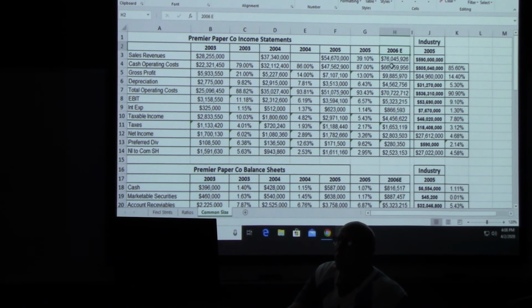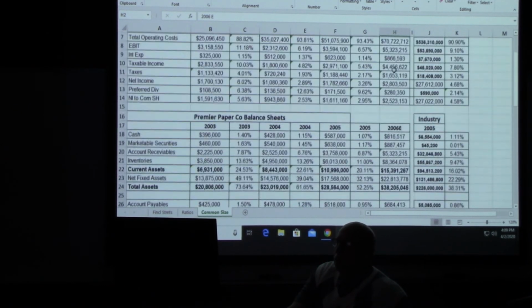The higher the growth rate, the more capital you need. Well, how do you offset that? Well, if you increase your profit margin, as you grow, you generate more cash from your operations. So that's one thing that the company could focus on. Let's grow our sales, but let's also improve our profit margins.